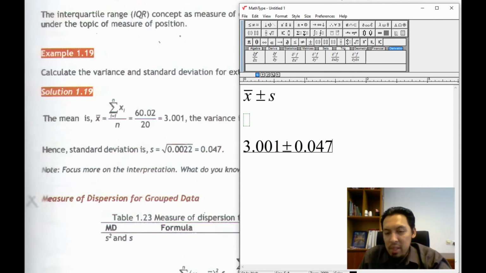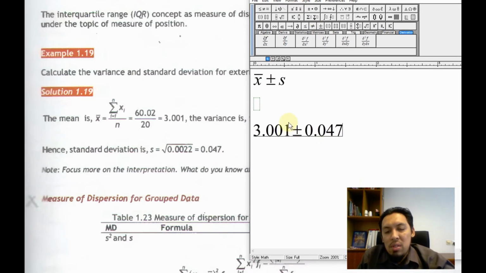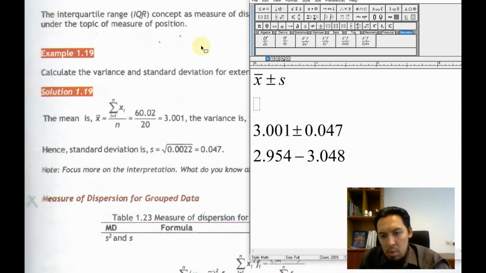How do you explain this? Just look at the operation in the middle, which is plus and minus. In other words, you need to plus and minus these two values. So if you minus 3.001 minus 0.047, and later you plus 3.001 plus 0.047, you will get this range. So what does this mean?